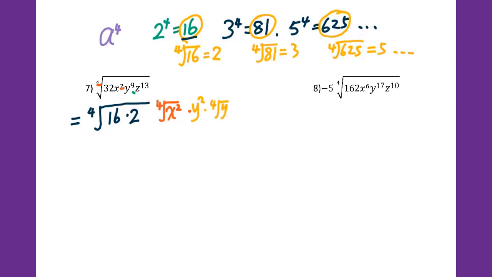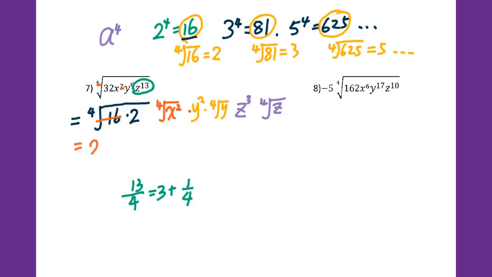Let's go to this z. So you will have 13 divided by 4. That is 3 plus 1 over 4. So you can write down that is z to the 3rd power, 4th root of z. Then check what is outside. 4th root of 16, that is 2.